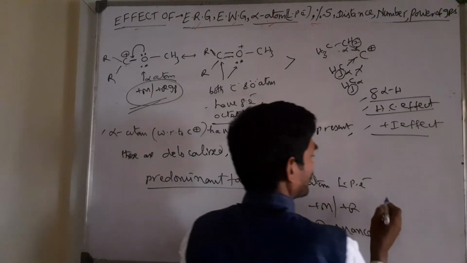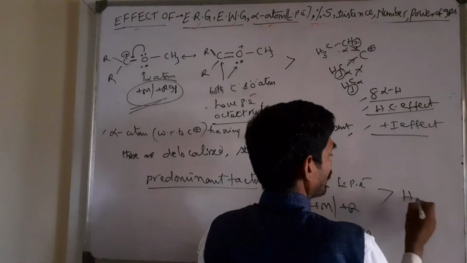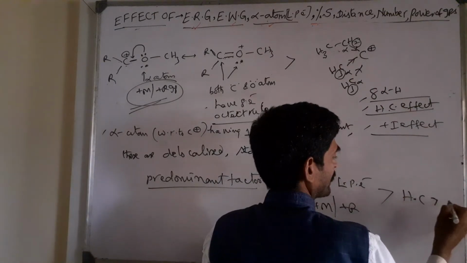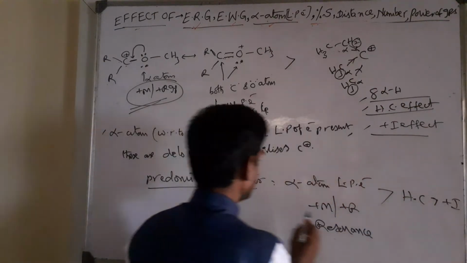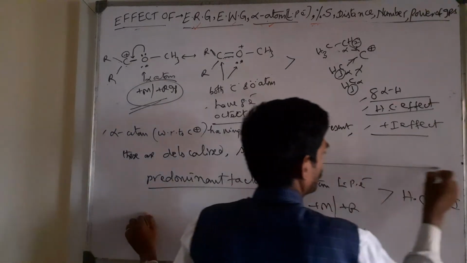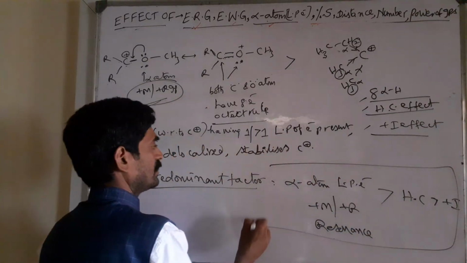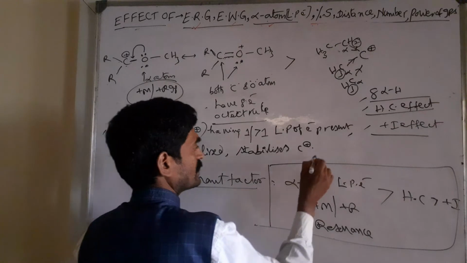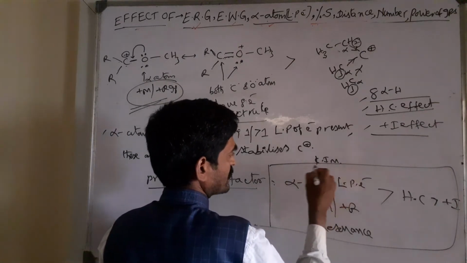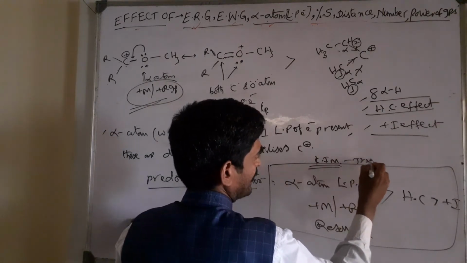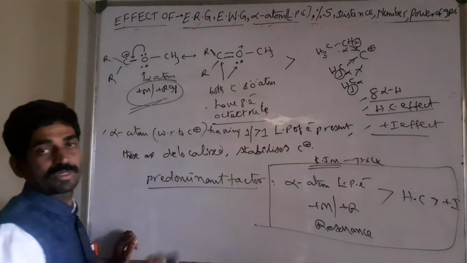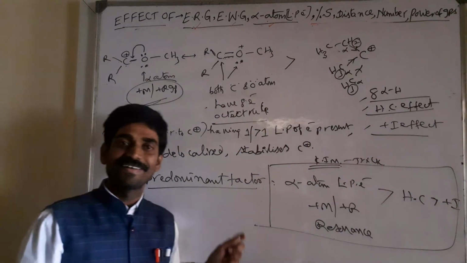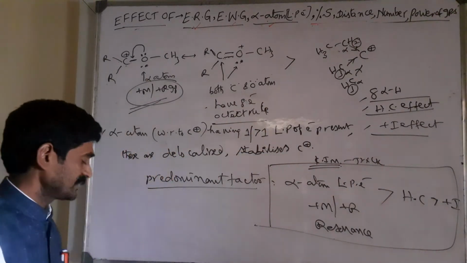It gives greater stability than hyperconjugation, which is greater than the inductive effect. Got it? You have to keep this in mind, my dear students. Okay, so this is the trick I am giving to you. Just keep it in mind, then it is very easy to answer this type of question. Is it clear? Right? Yeah. Next one.